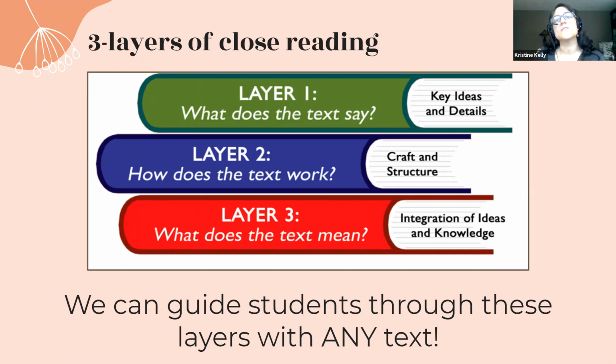And the third layer is, what does it mean? This is where we can have them comparing visuals or a visual and a text, where students start to synthesize some of the information gained, where we may add some additional information in a question that will help students move towards some kind of a higher understanding, purpose, those types of things.